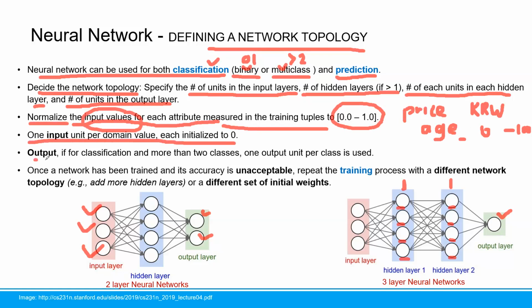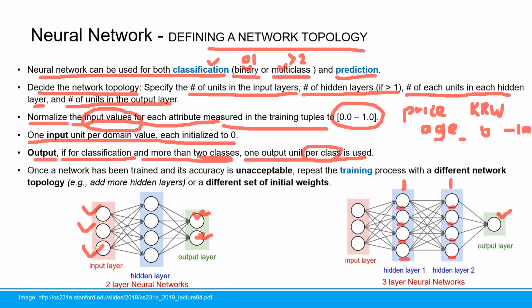Then for the output, if it is classification with more than 2 classes, 1 output unit per class is used. So if we have more than 2 classes, usually we have more than 1 output unit, one output unit per class.